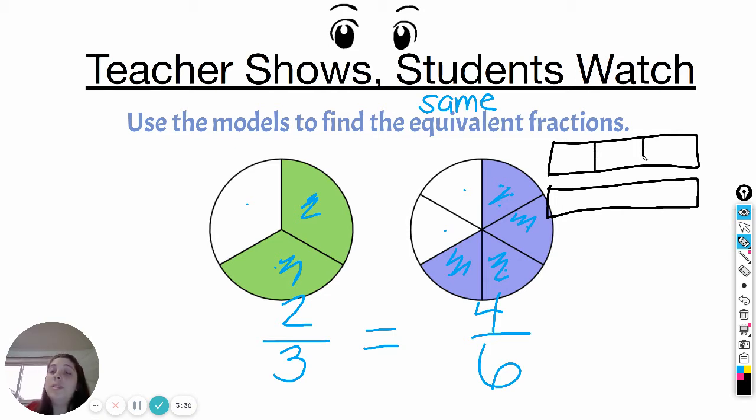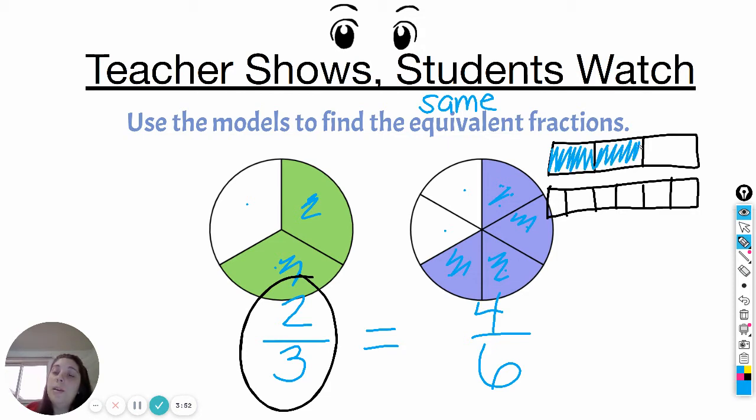If you have your one that's broken into thirds, and then you have one that's broken into sixths, this fraction is 2/3, so I'm going to shade 2 out of the 3. This fraction is 4/6, so I'm going to shade 4 out of the 6.